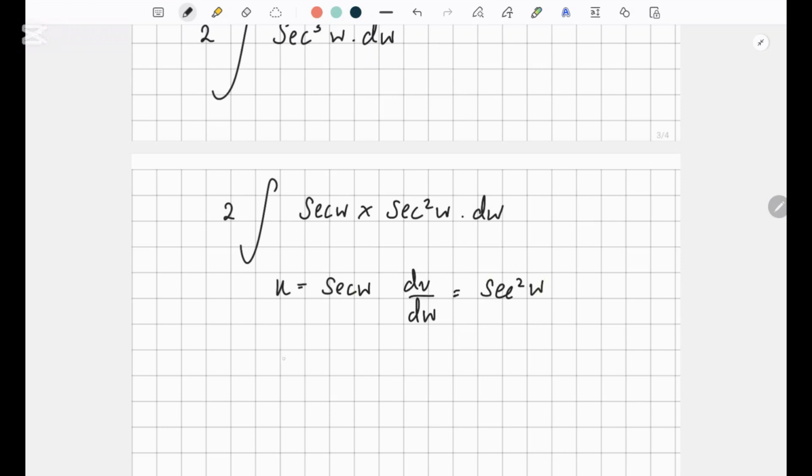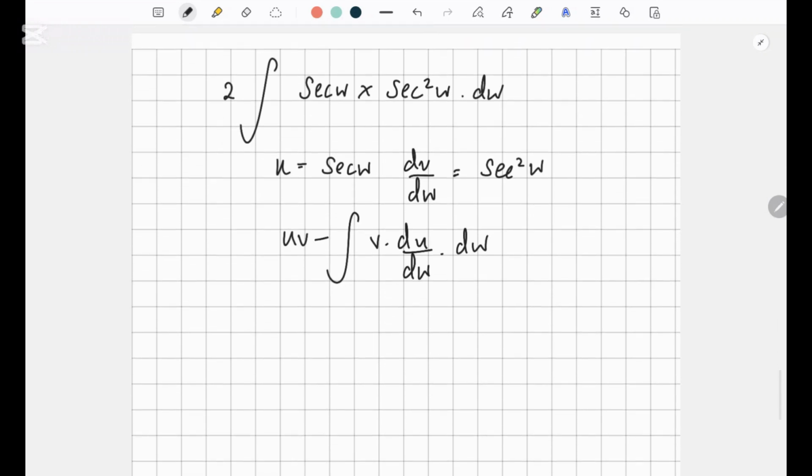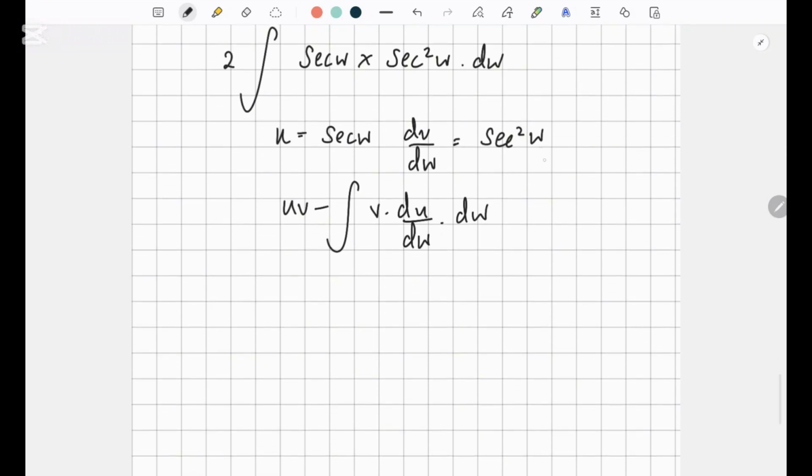And now you should know the formula for integration by parts. In terms of dw, this is the formula you have to use. So u into v. So what's the integration of sec squared w? So v equals tan w, right?